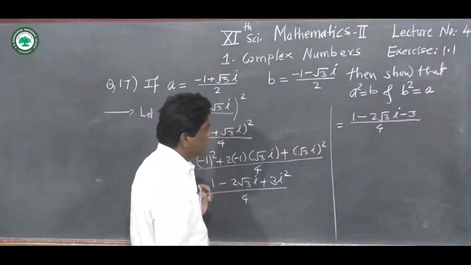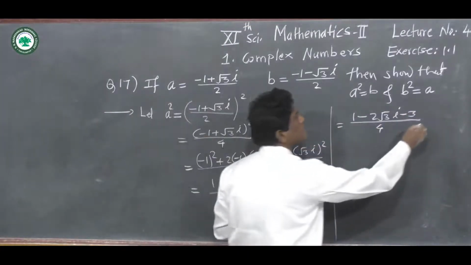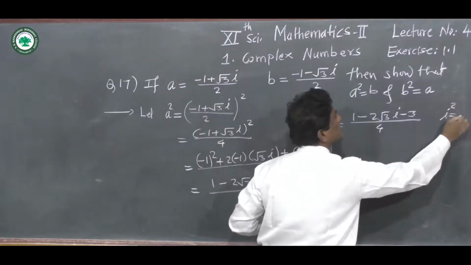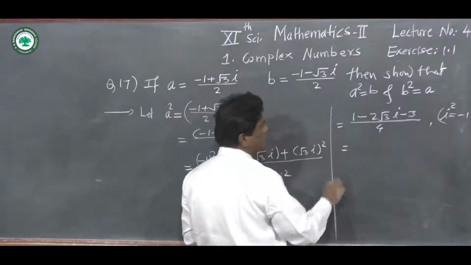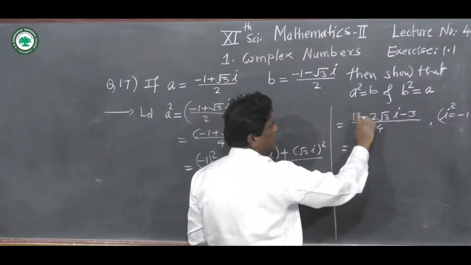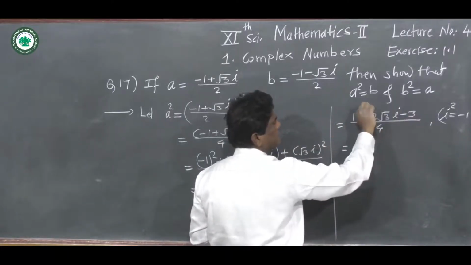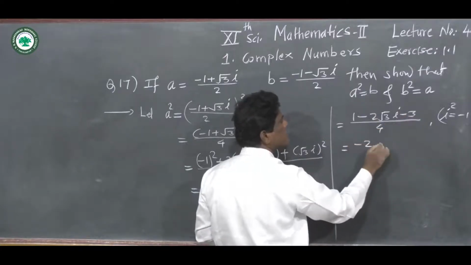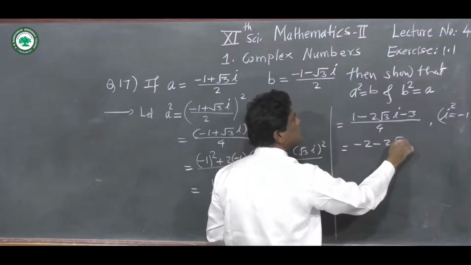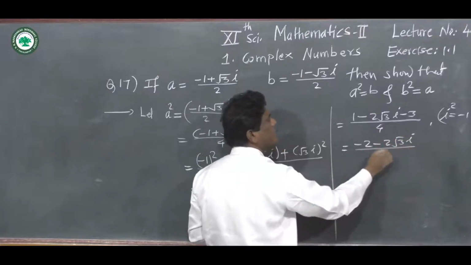Since i square is minus 1, it is equal to 1 minus 3, that is minus 2, and minus 2 root 3i, divided by 4.